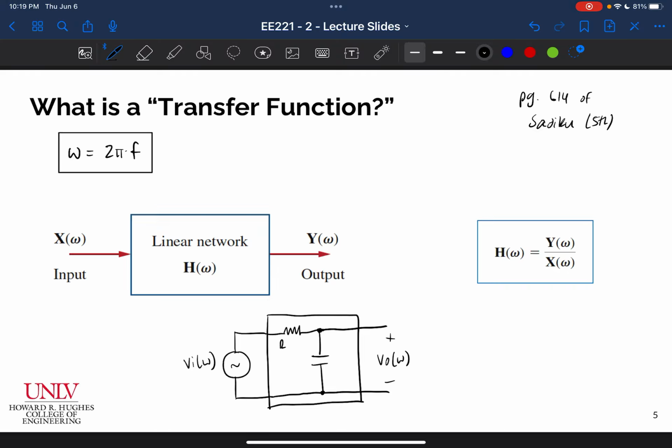This would be R, this would be minus j over omega C.